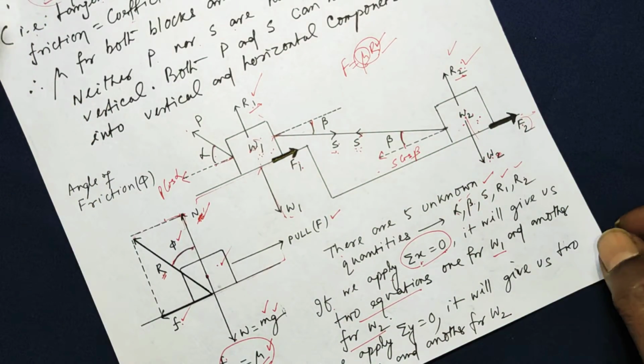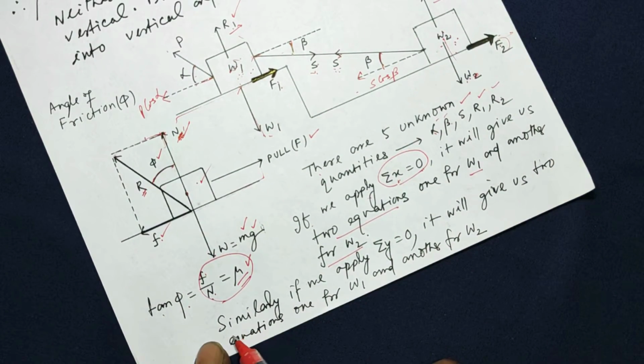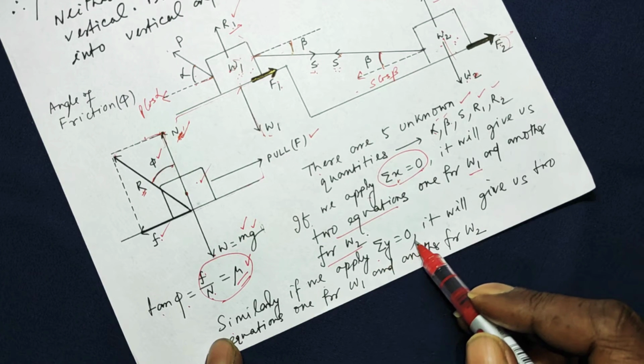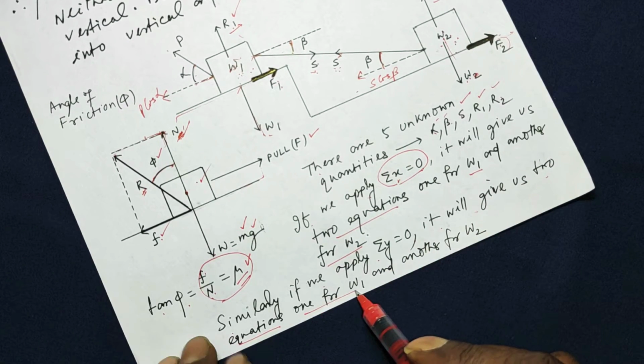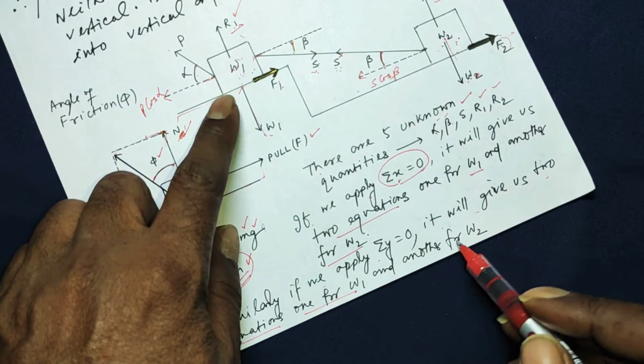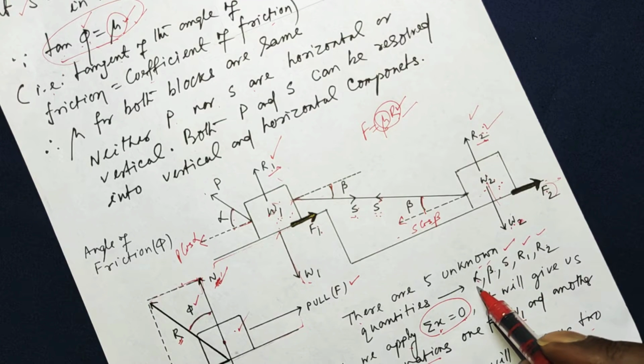So in all, there are 4 equations. That is what I have written here. So we have 4 equations but 5 unknowns.